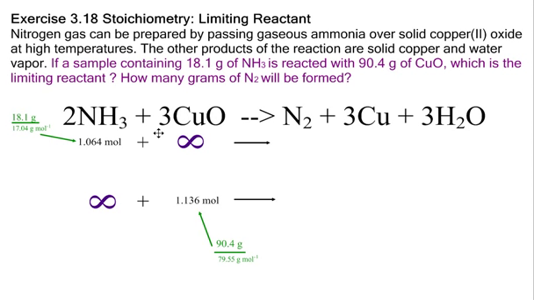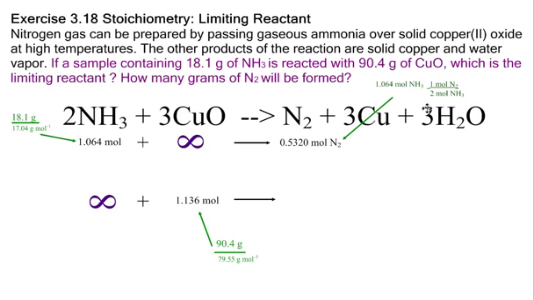So if I had an infinite supply of copper oxide, how many moles of nitrogen gas could I produce? Well, we're going to use the mole to mole ratio. So it's going to be 1.06 divided by 2 times 1, which comes out to be 0.5320.